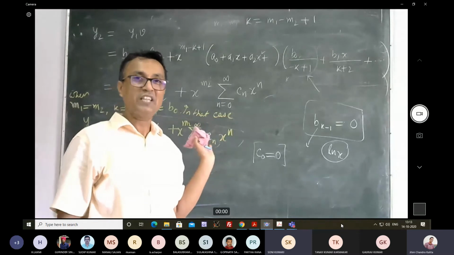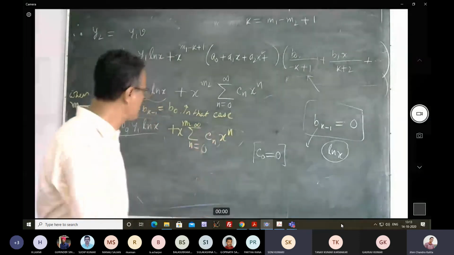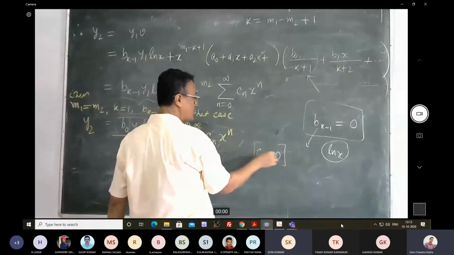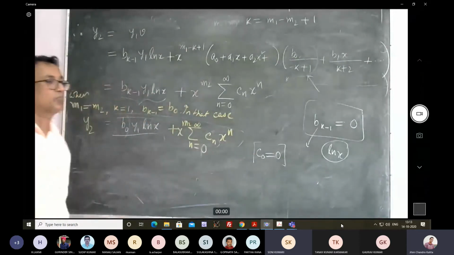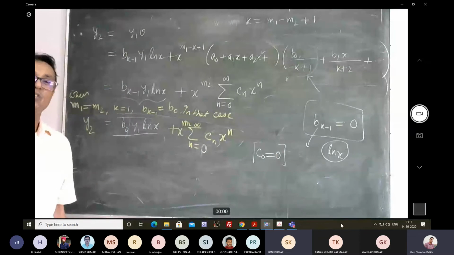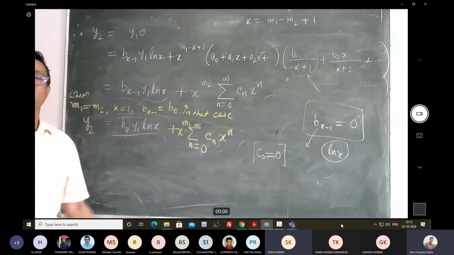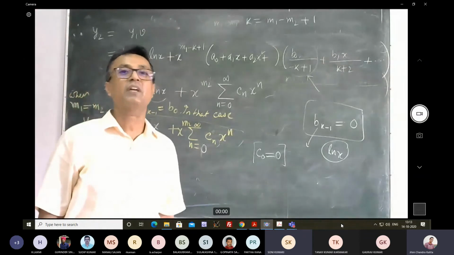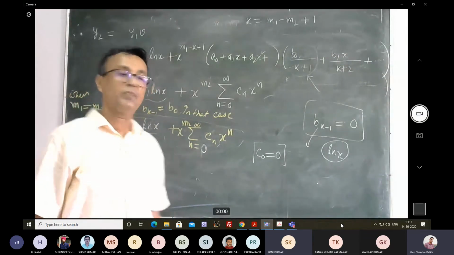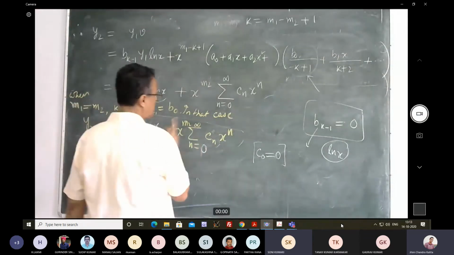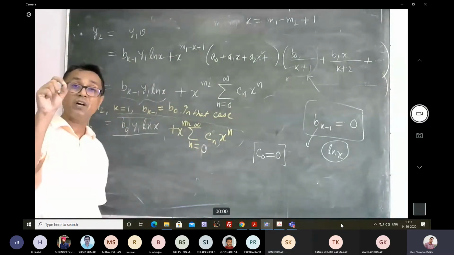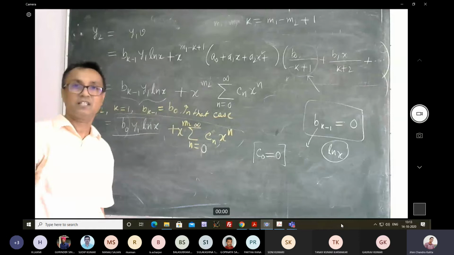You please check it at home. I'm almost sure, 99% sure that it should be this. Even if it is 0, then this C naught should be 0. You can consider one example and then check with the series at hand, by multiplying all those terms. According to me, it should be so when m1 equals m2, only in that case.